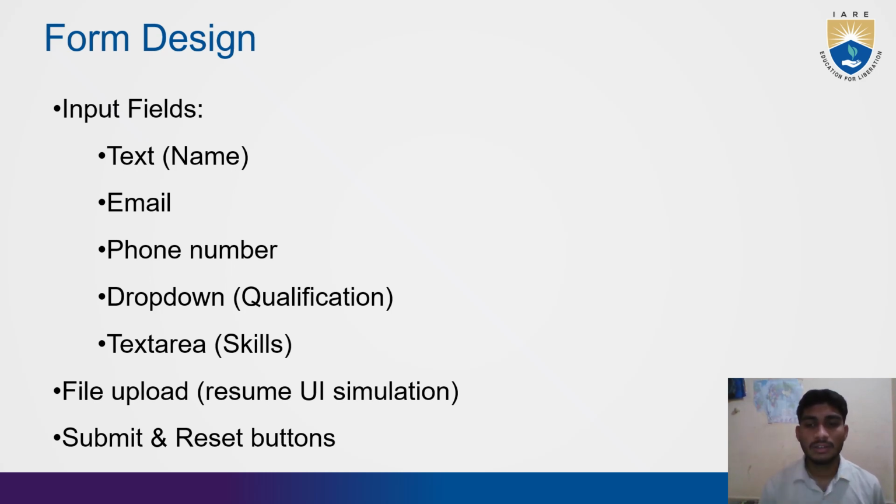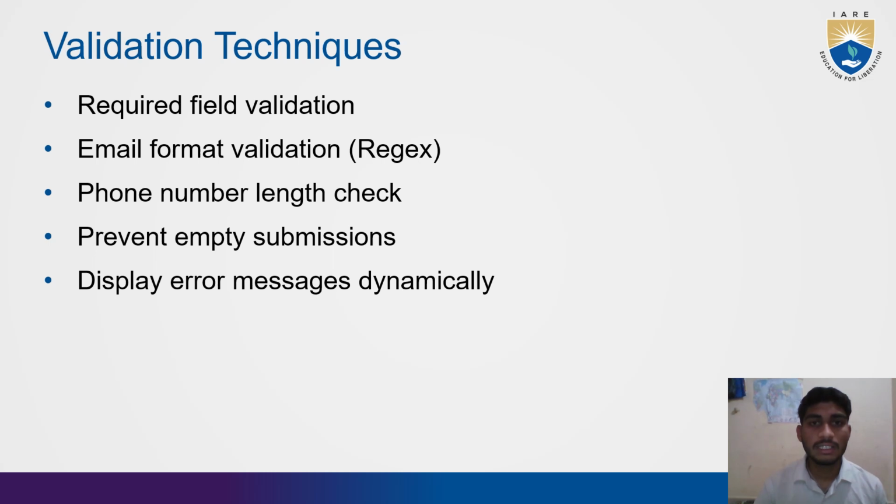These are the form design components. Our next slide is validation techniques. How will the validation be done? Required field validation, email format validation, phone number length check, preventing empty submissions, and displaying error messages dynamically.